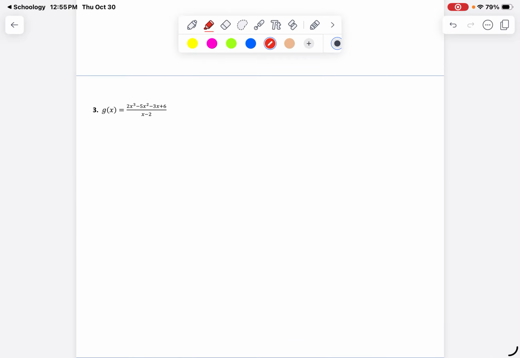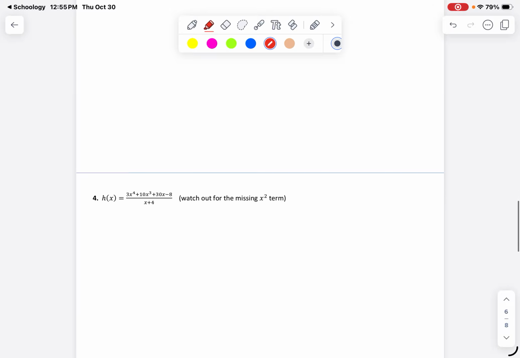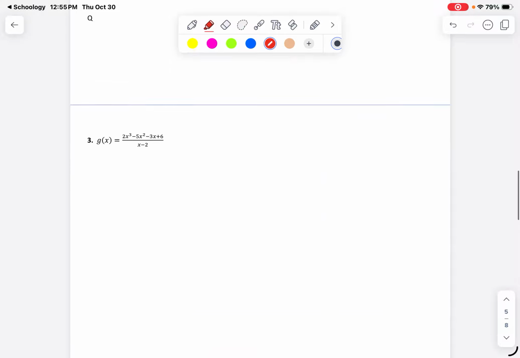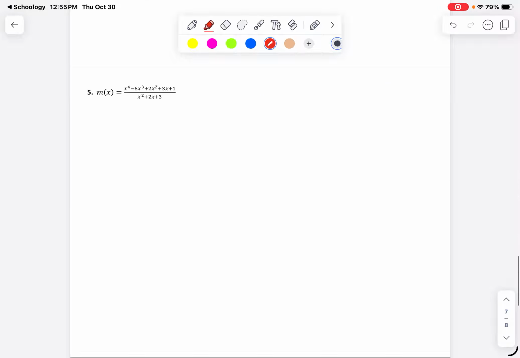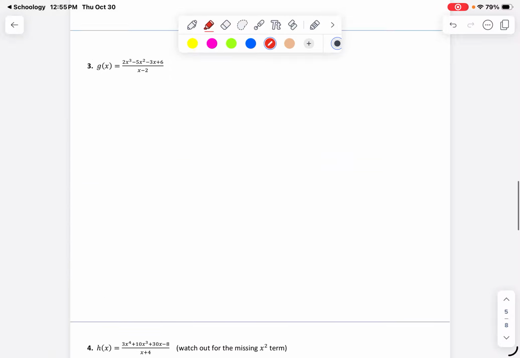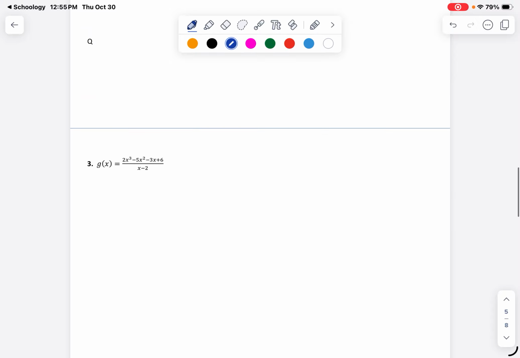Let's do 2 more together, and then you can do the last 2 on your own because the fourth one tends to trick people up.